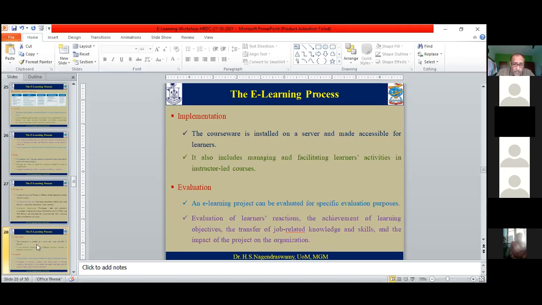And next is the evaluation. An e-learning project can be evaluated for specific evaluation purposes: evaluation of learners' reactions, the achievement of learning objectives, the transfer of job-related knowledge and skills, and the impact of the project on the organization. Everything is accountable when it comes to evaluation.